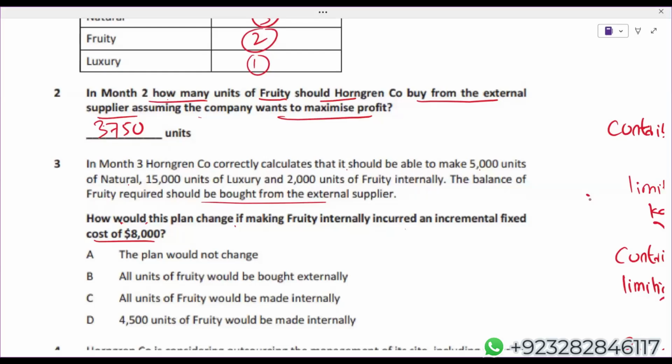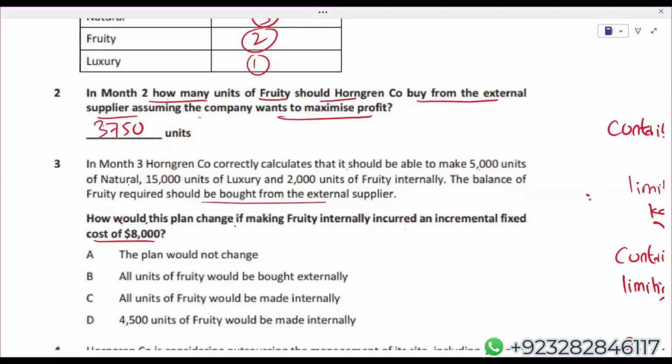Now, the examiner is asking us if we are going to manufacture 2,000 units of fruity internally, then there will be an incremental fixed cost. Of course, incremental fixed cost, additional fixed cost, is relevant. So if we are manufacturing 2,000 units of fruity internally, and we have to bear an incremental additional fixed cost of 8,000, how will the plan change?